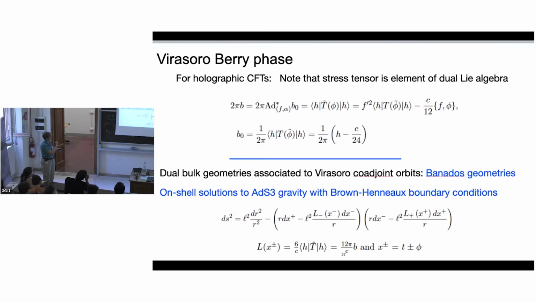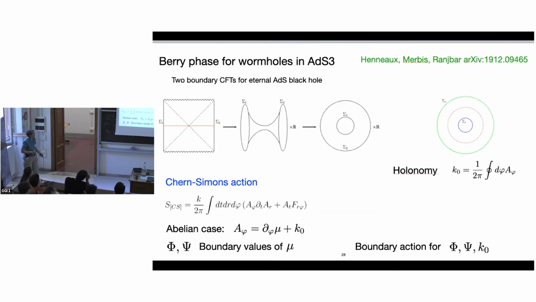And these functions which are here are obtained from the expectation values of the energy-momentum tensor. And these concepts can now be very nicely applied to two-sided geometries as we need for a wormhole. Here we use this very nice paper of Henneaux and collaborators who already investigated the geometric structure of an eternal black hole in AdS3 with two boundaries. So that's a picture from their paper.